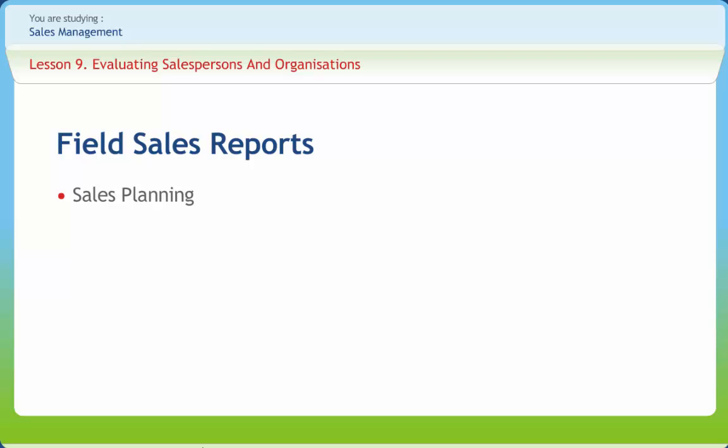Yet it may be designed to include additional information so that it serves various purposes. Sales planning, because a field sales report helps the sales personnel to plan their time and work with respect to the information requested in the report.